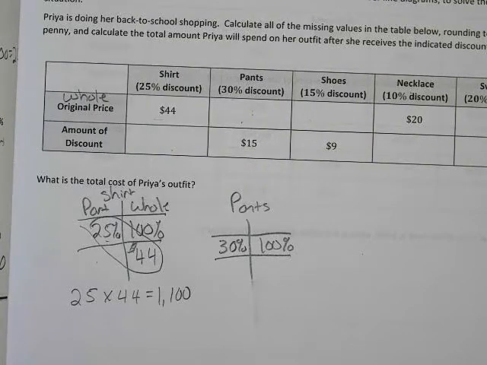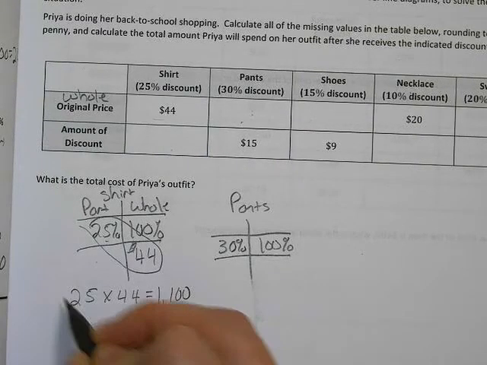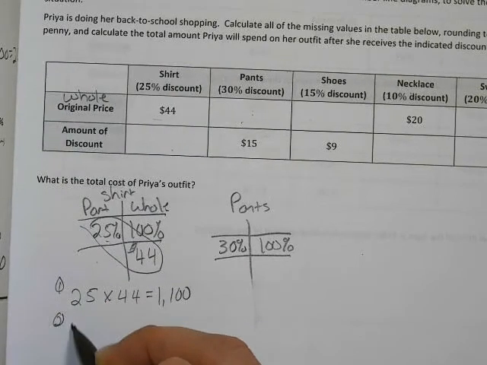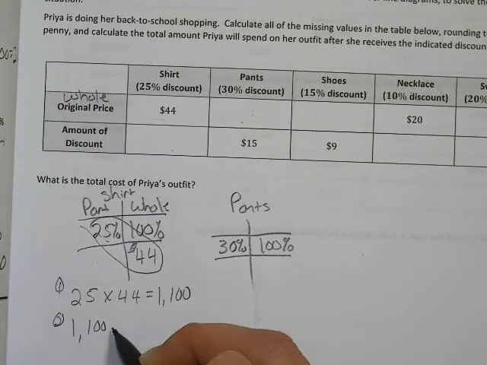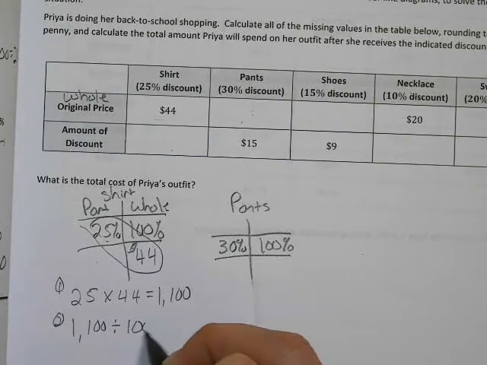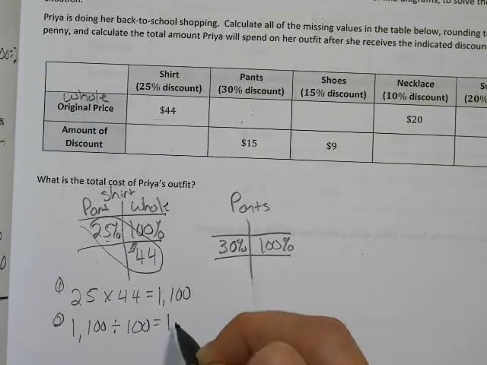Go ahead and put in your calculator the division. And if you do that division, you would get 1,100 divided by 100 is 11.